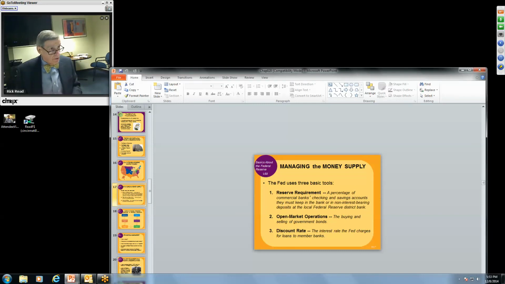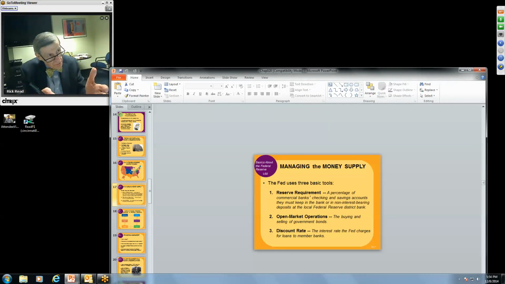This is how the Federal Reserve manages the money supply: the reserve requirement, open market operations, and the discount rate. The reserve requirement is the amount of money a member bank is required to keep on hand, like a buffer.